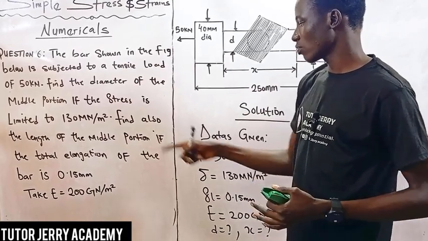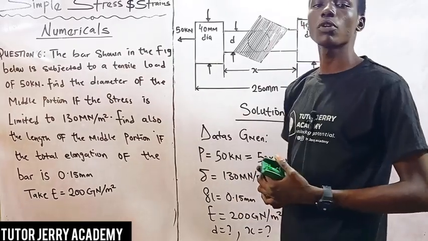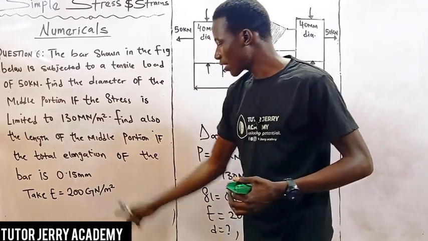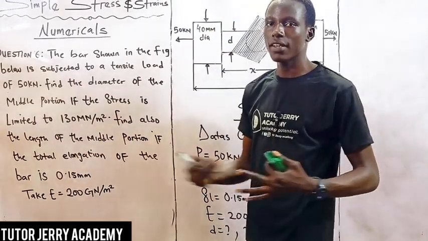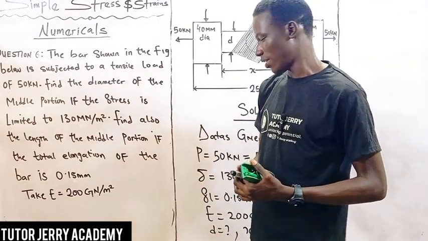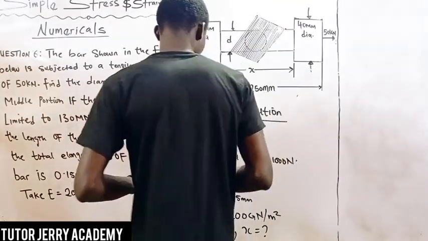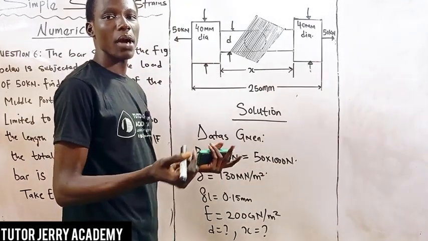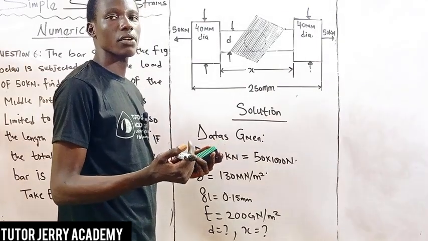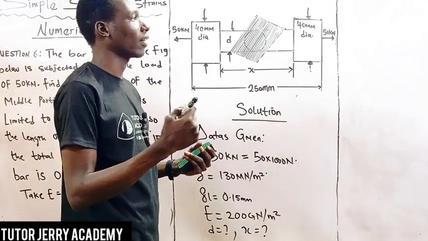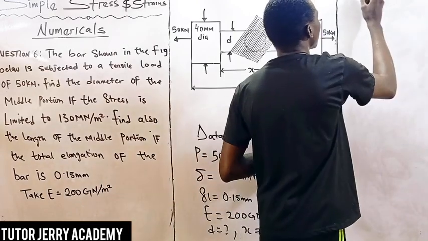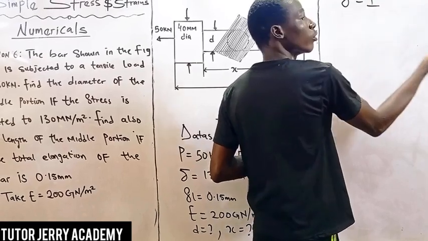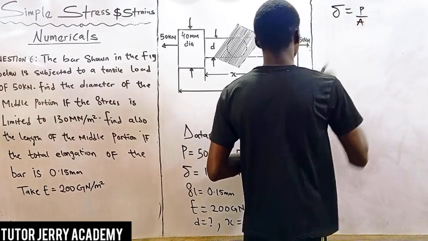That's what we have. So we are given E, the modulus of elasticity, equal to 200 giganewton per meter square. Of course, giga is nothing but 10 to the power of 9. Next, we are going to solve this question. Now, we know that sigma, which is our stress, is equal to force over area.